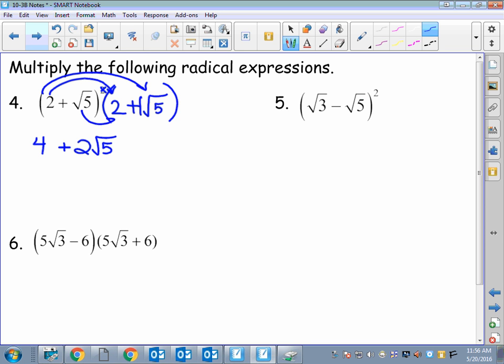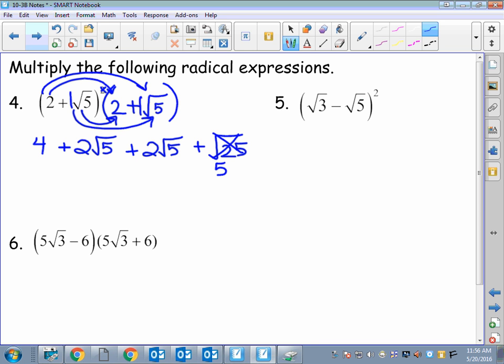Inside, you don't need to put the 1 there, just assume that it's there, okay? So 2 times 1 is 2 root 5. And then last is the square root of 5 times the square root of 5, which becomes a positive square root of 25. So I see a couple things that can happen here. The square root of 25 is actually 5, and so now it's a whole number.